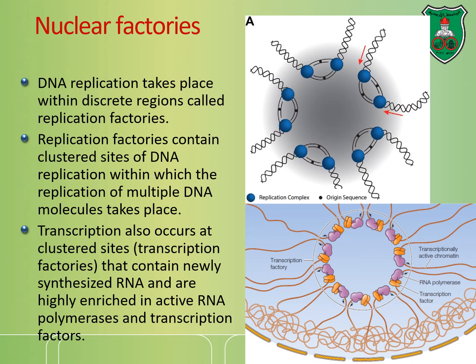Now, it just turns out that there are what I call nuclear factories. Basically, there are specific regions where you have active DNA replication or active transcription going on. We'll talk about replication factories first.